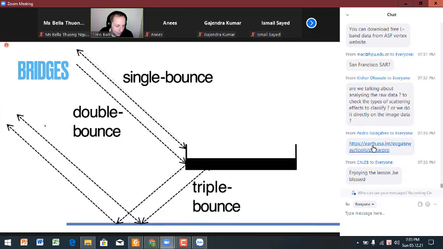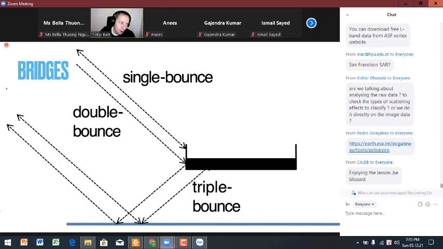We have the double bounce: we hit the water, get reflected from the water, hit the bridge, and then go back to the sensor. Or similarly, we first hit the bridge, get reflected to the water, and go back to the sensor. There will be the same traveling time, so they come back at the same time.